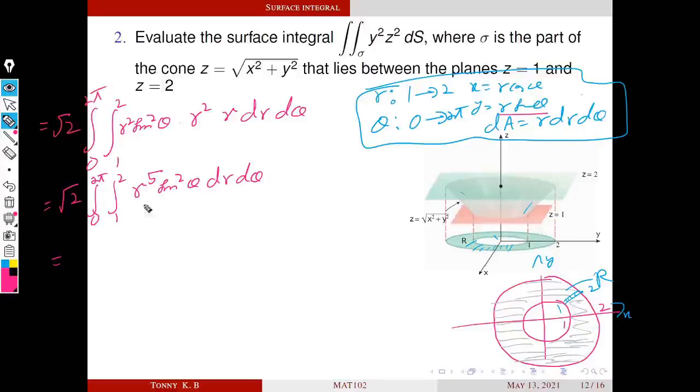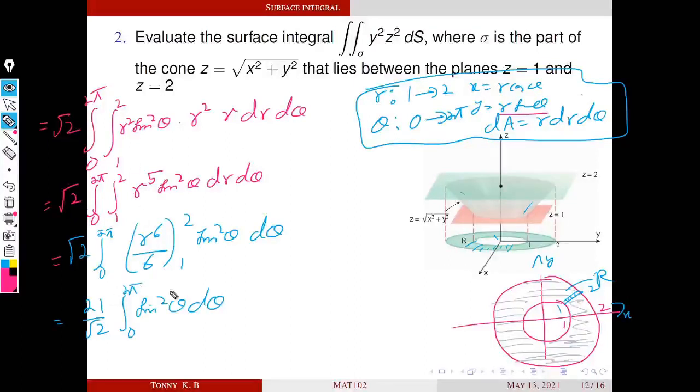Next we integrate this expression with respect to r, so this becomes r raised to 6 by 6. We know that sin square theta is equal to 1 minus cos 2 theta by 2.